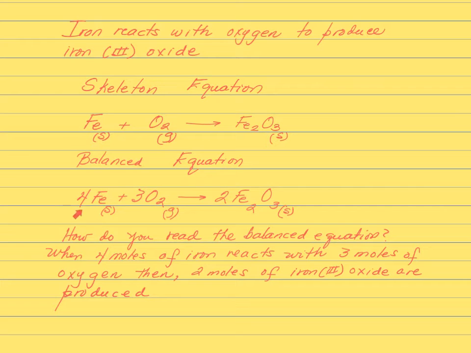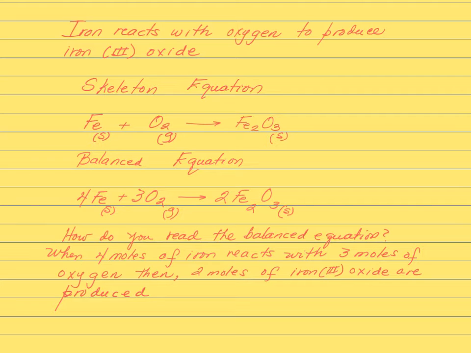When you have a balanced chemical equation, the coefficients are telling you the number of moles of the substances that are involved in the reaction. I'm saying substance because remember that you can have elements forming compounds, like in this example, or you can have compounds forming new compounds.